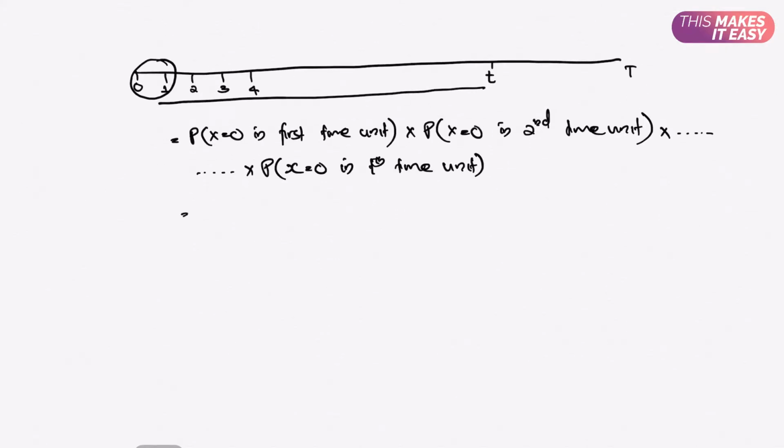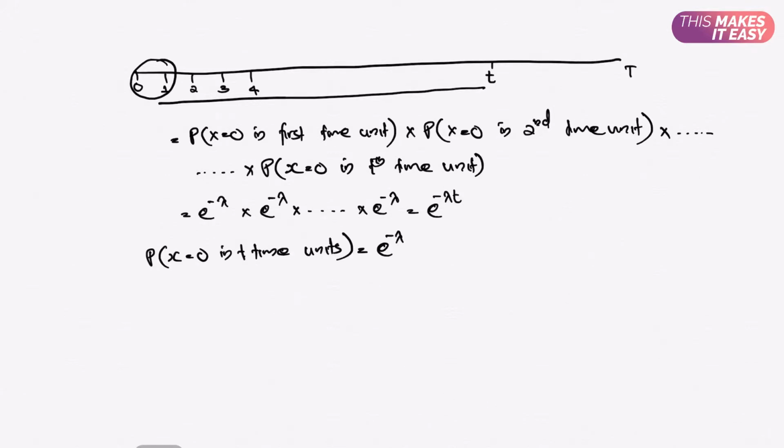This is equal to e to the minus lambda times e to the minus lambda times e to the minus lambda, which is equal to e to the minus lambda t, because we are looking at t time duration. Here the Poisson distribution assumes that events occur independently of one another. That's why we could write like this. Finally, we have the probability of x is 0 in t time units equal to e to the minus lambda t.